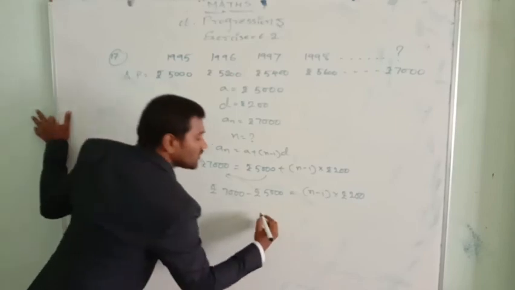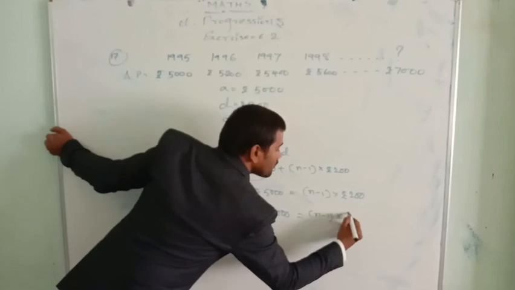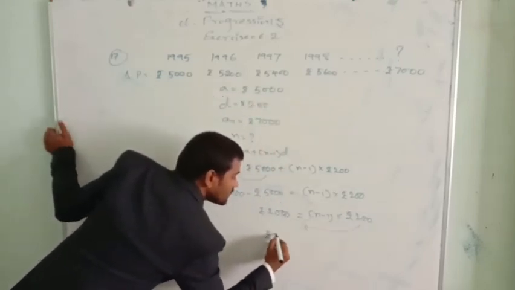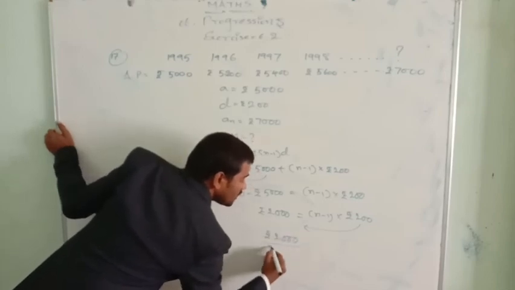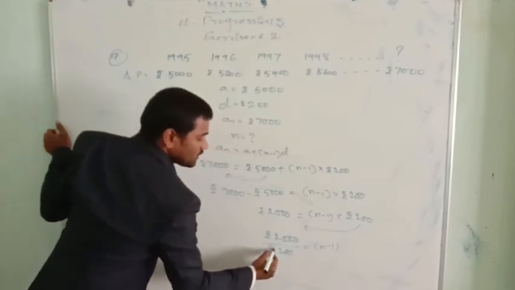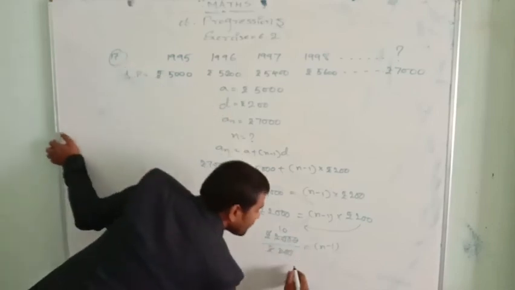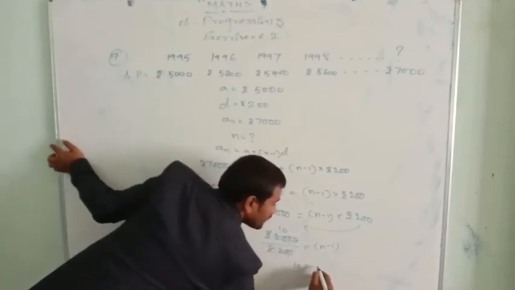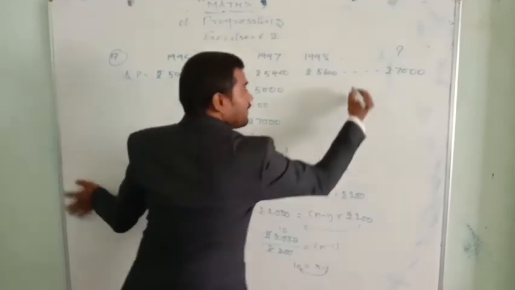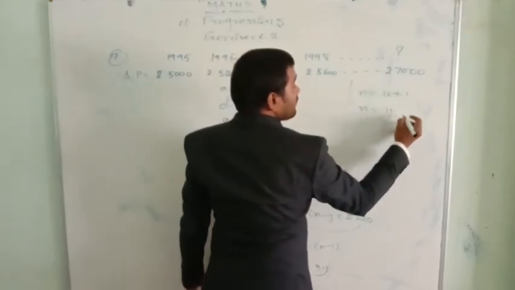So 7,000 rupees minus 5,000 rupees equals rupees 2,000 equal to n minus 1 into rupees 200. This 200 also we transfer this side. So rupees 2,000 by rupees 200 equal to n minus 1. Here 2 zeros, 2 zeros get cancelled, so 10 equal to n minus 1. This minus 1 you transfer this side, it becomes plus 1. n equal to 10 plus 1, n equal to 11.